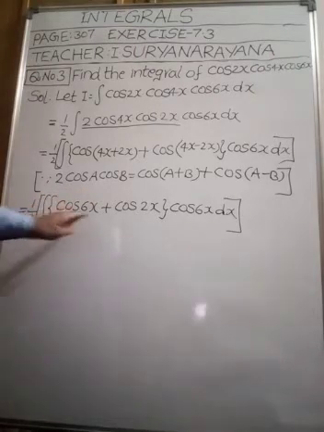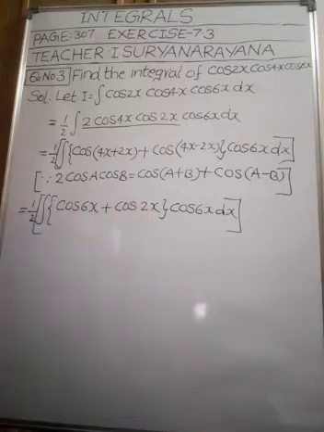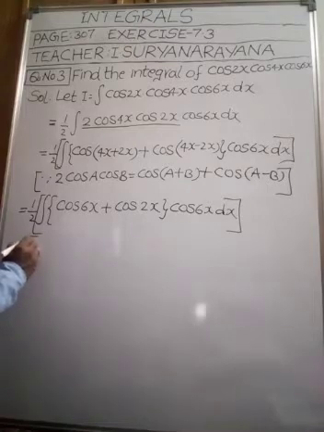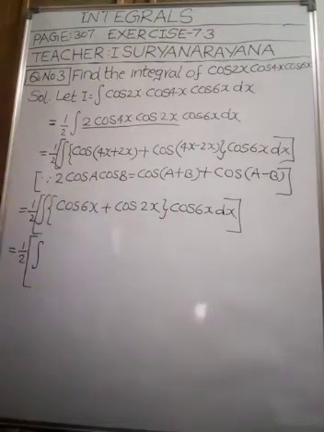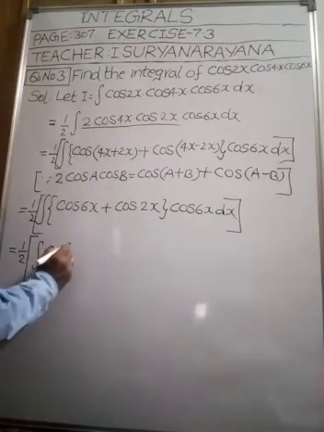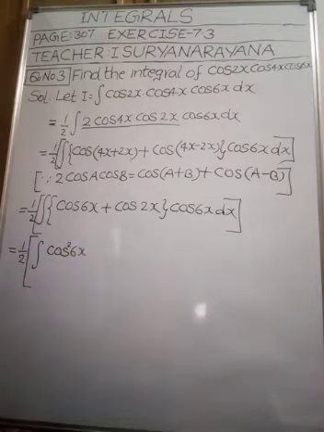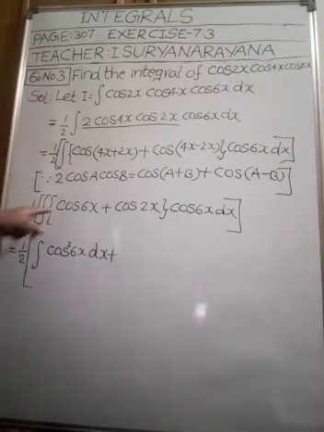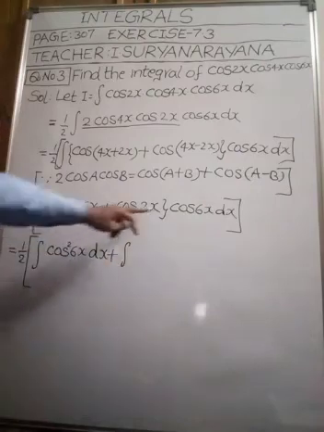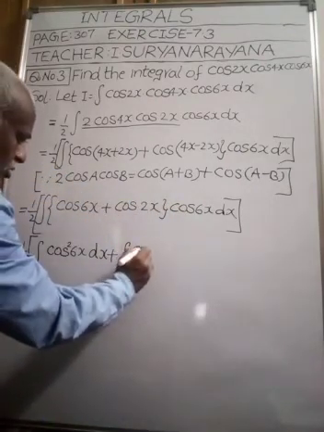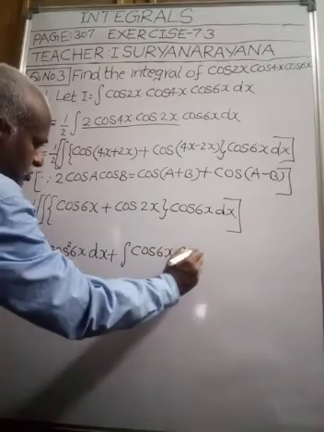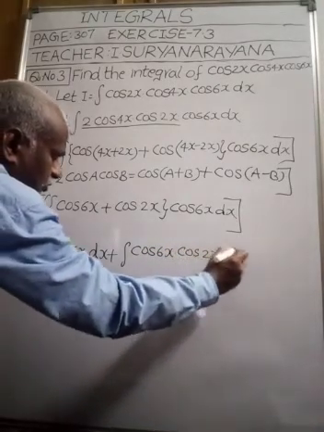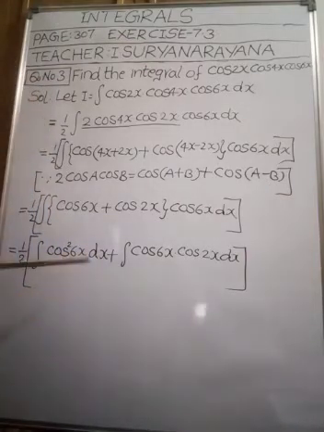Right. Now we use the distributive property. That is equal to 1 by 2 of integral cos 6x into cos 6x, what will you get, cos square 6x, plus, I am writing directly here, integral cos 6x into cos 2x dx.